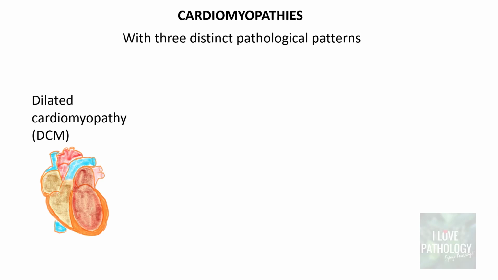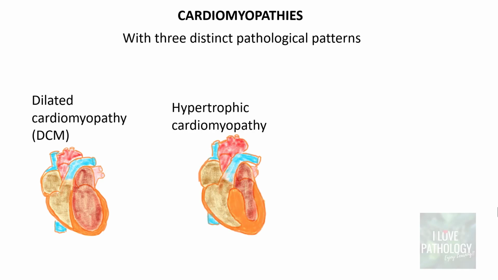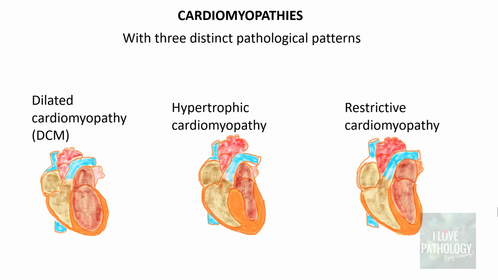One is dilated cardiomyopathy, two is hypertrophic cardiomyopathy, and the third one is restrictive cardiomyopathy. We know that dilated cardiomyopathy is the most common and restrictive cardiomyopathy is the least frequent type, right? So we have discussed dilated cardiomyopathy. Now let's see what this hypertrophic cardiomyopathy is.